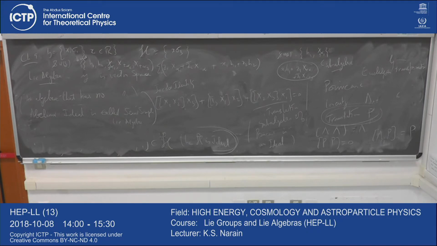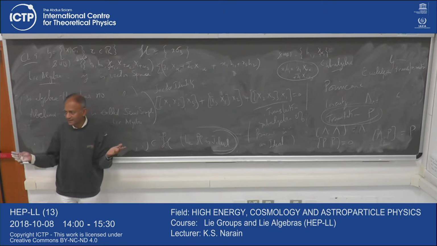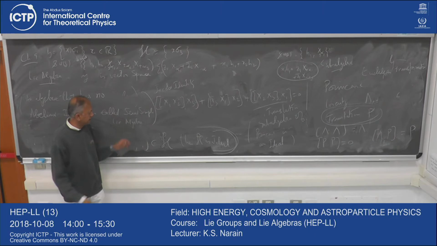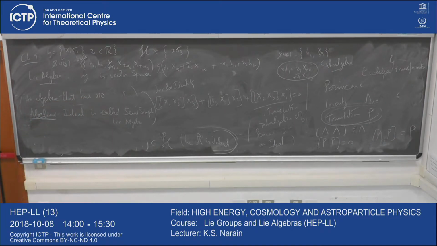That's what we'll actually be studying. The point is that it may have ideals, but all we are saying is that the ideals are not abelian. So it may have non-abelian ideals. That's okay. But the only statement is that it doesn't have an abelian ideal.